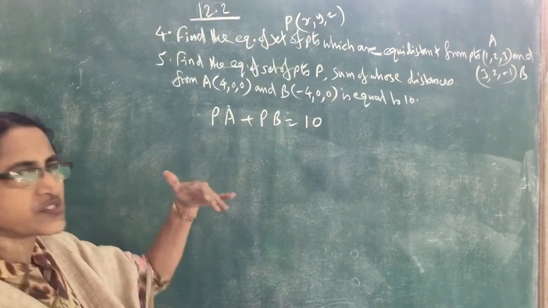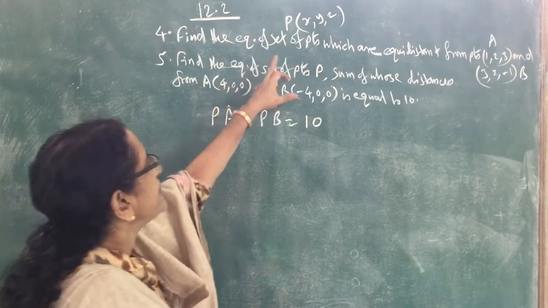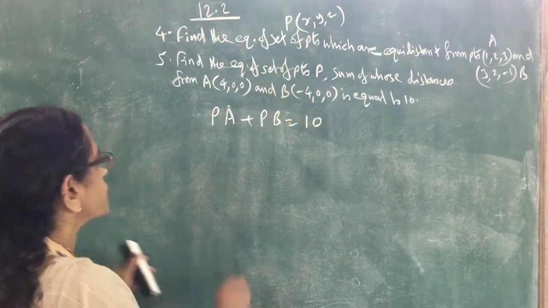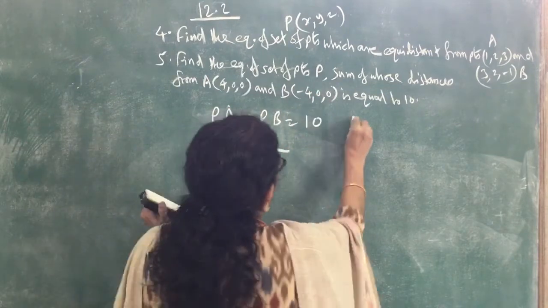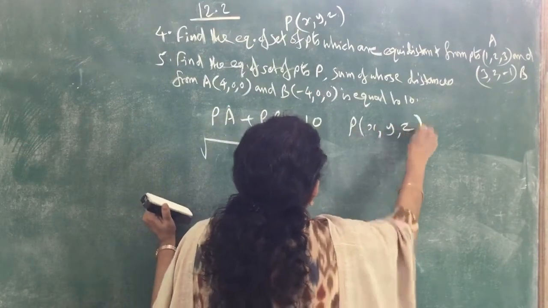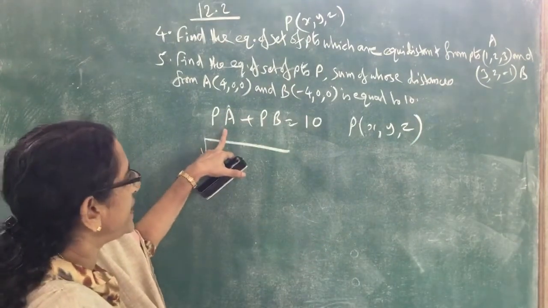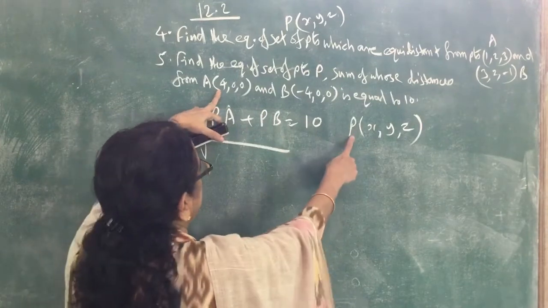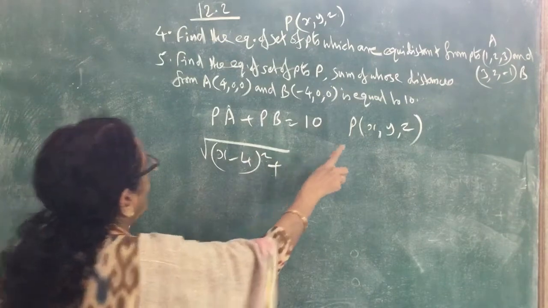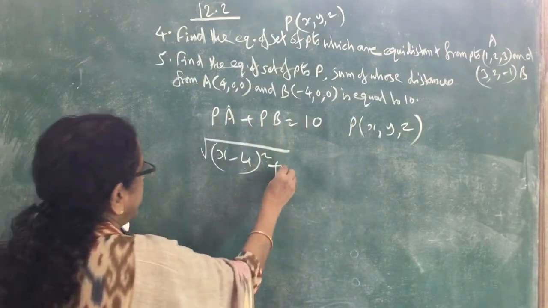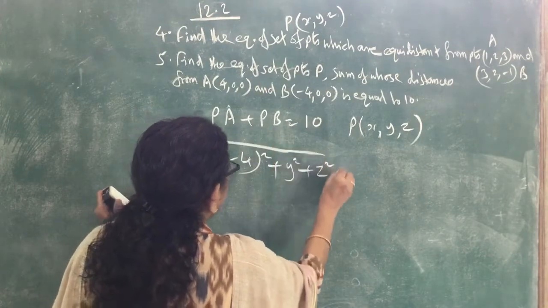Now here we cannot square both sides directly. First we write PA. What is PA? Distance between P and A. We can substitute PA. We can take the point P as (x, y, z). Then PA means the distance between P and A: square root of (x minus 4) whole square plus (y minus 0) whole square, that is y square, plus (z minus 0) whole square, that is z square, plus PB.